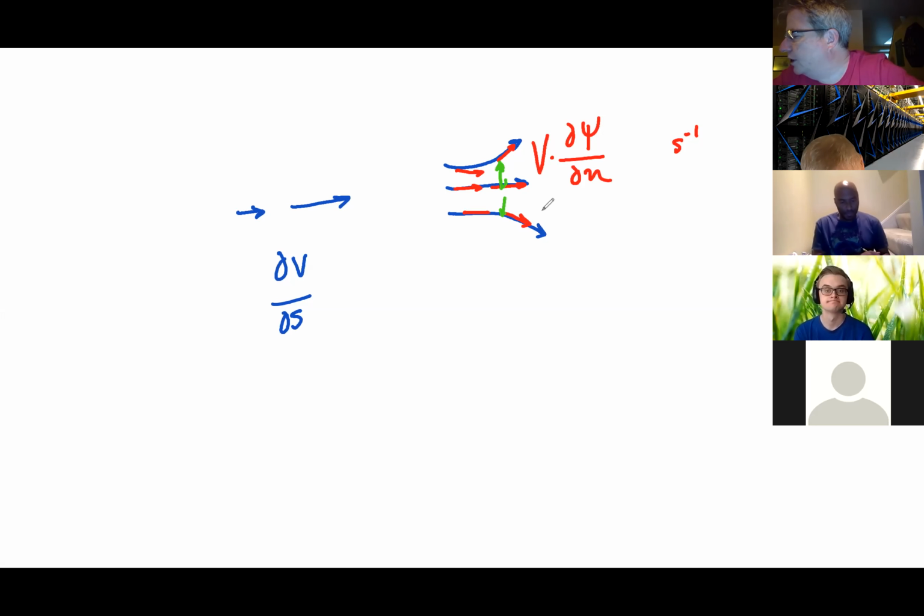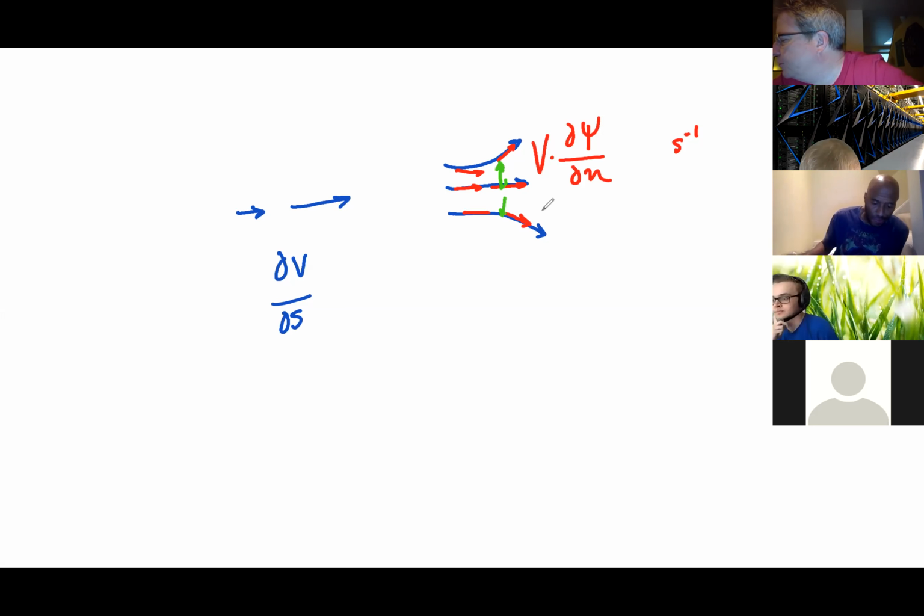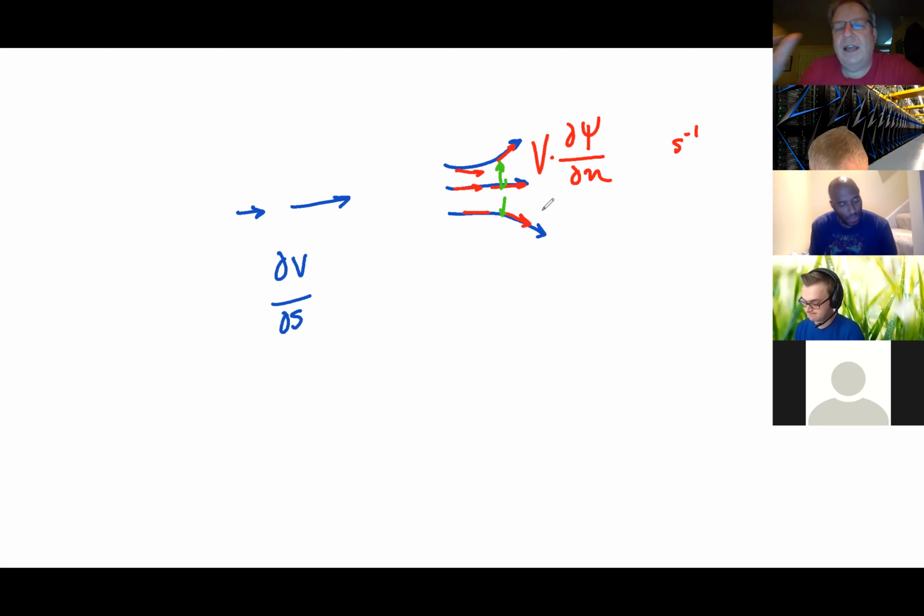But in natural coordinates, look at divergence. Divergence is V d psi dn plus dv ds. But what is V d psi dn called? Diffluence. And what is dv ds called? Stretching. So divergence as a quantity is actually the combination of both diffluence and stretching.